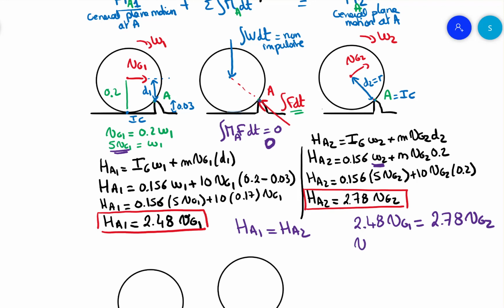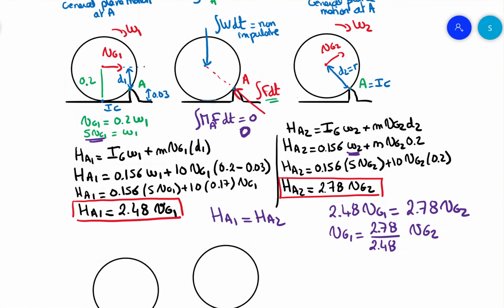That gives us VG1 equal to 2.78 divided by 2.48 VG2. This is 1.12. So VG1 is equal to 1.12 VG2.